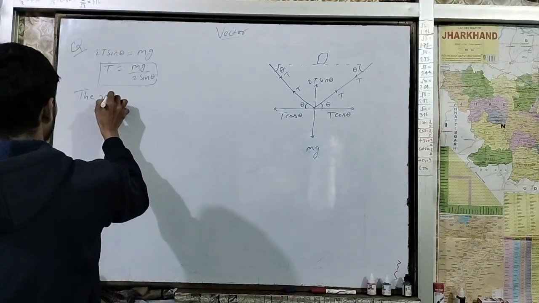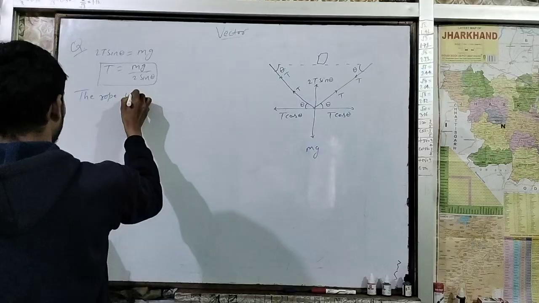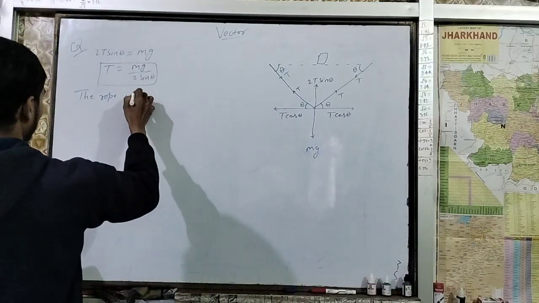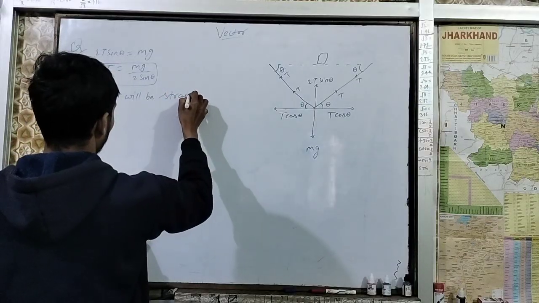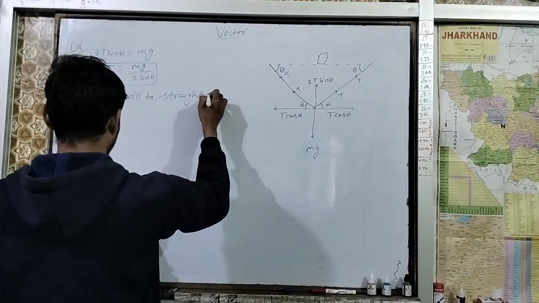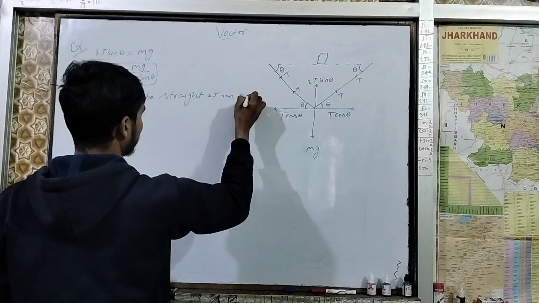The rope will be straight when theta is 0.